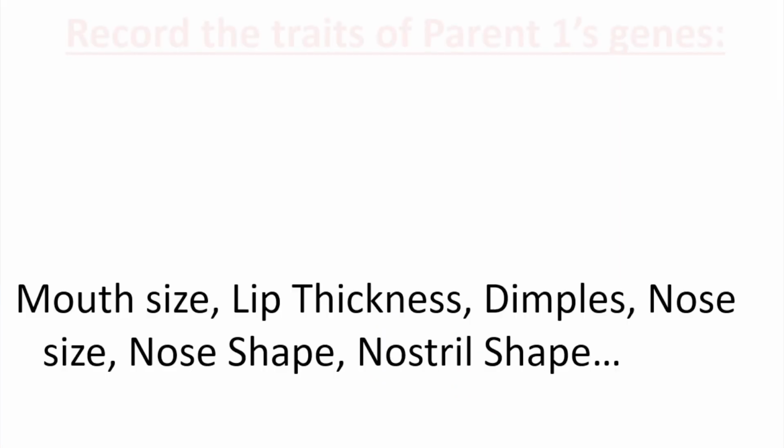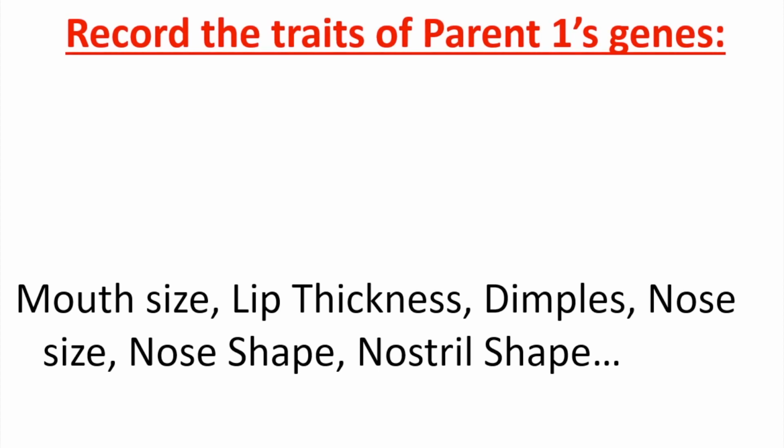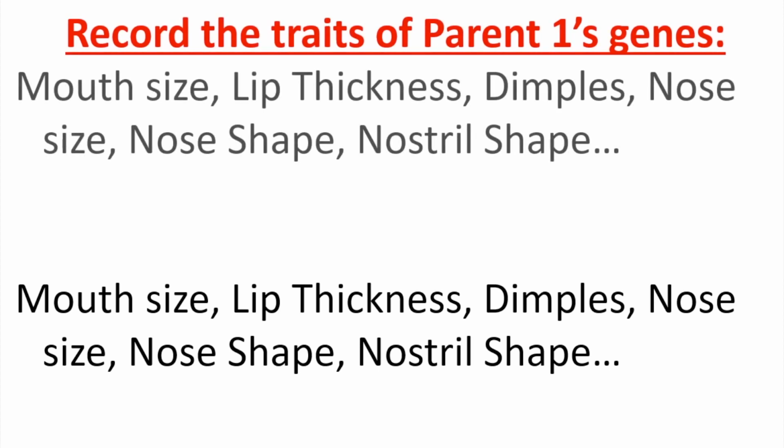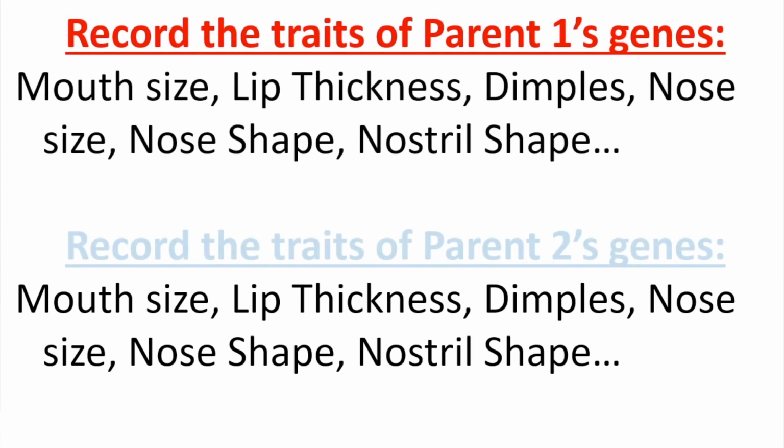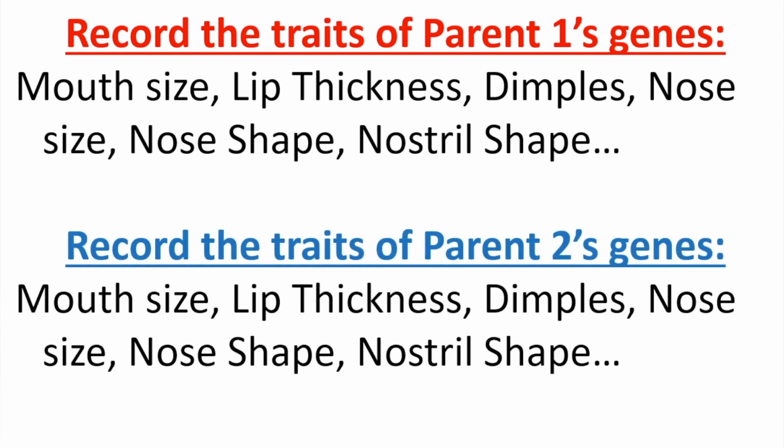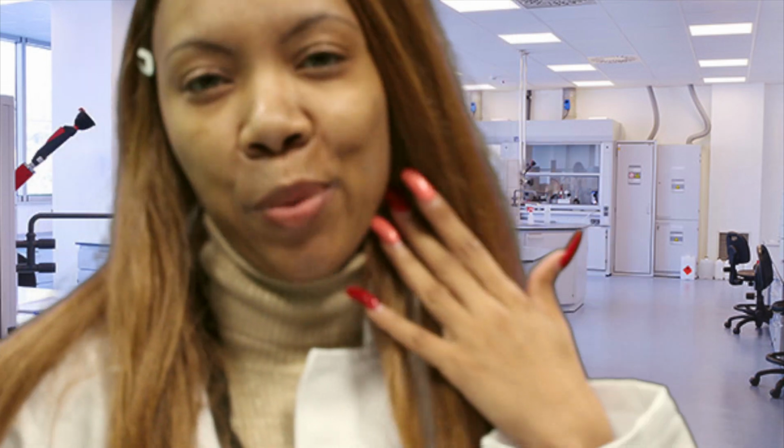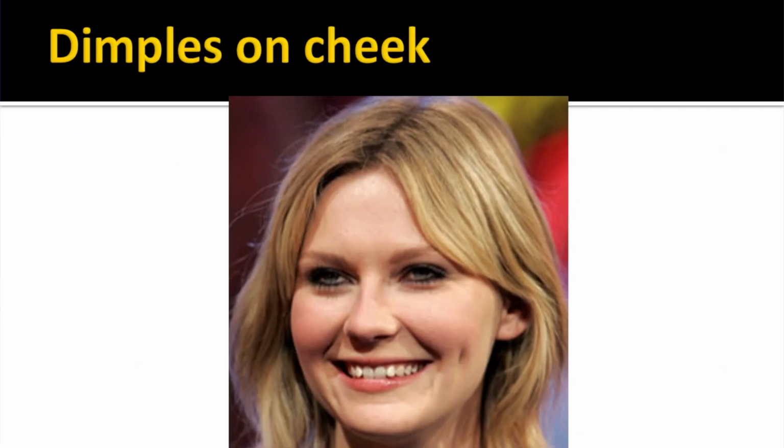Mouth size, lip thickness, dimples, nose size, nose shape, nostril shape. So if you have like a long mouth, that is a dominant trait. Average is in the middle, and then short mouth size is a recessive trait. Lip thickness, if your lips are kind of thick, that's actually a dominant trait versus thin lips is recessive. Dimples, if your dimples are present, that's a dominant trait versus an absence of dimples, that's recessive.